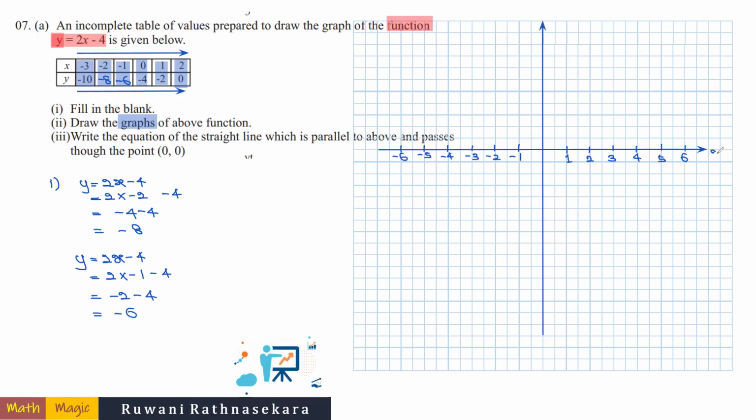This is the x-axis. Then along the y-axis, if you mark 1, 2, 3, 4, you'll have to mark a lot of numbers because it goes up to -10. I'm going to mark it as 2, 4, 6, 8, -2, -4, -6, -8, -10. I'll add one more, -12.